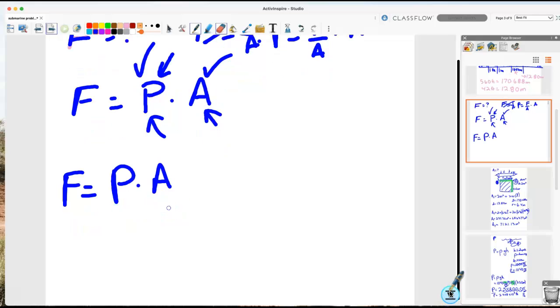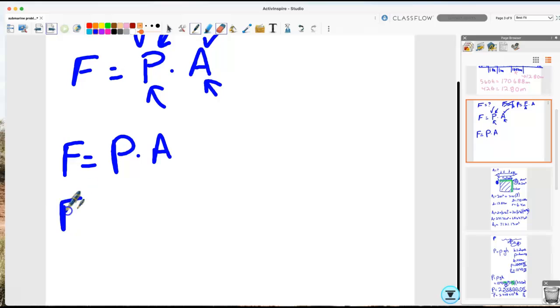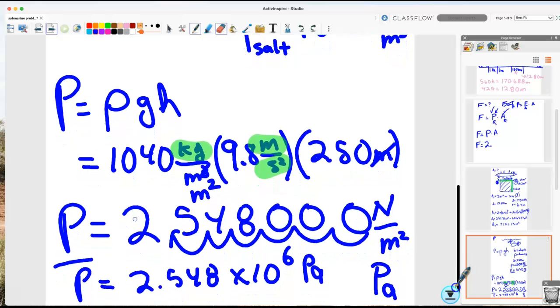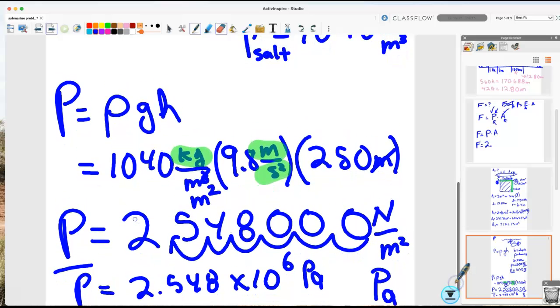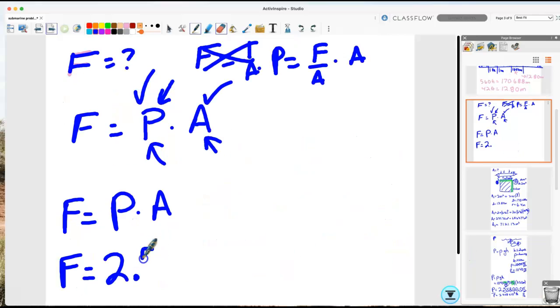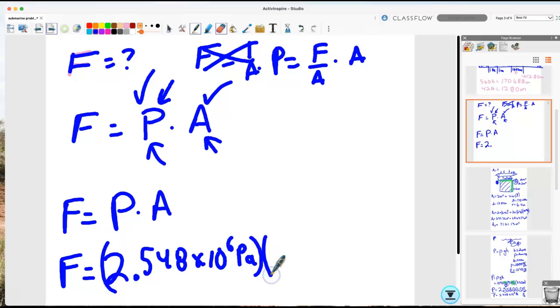Pressure times area. So the force is our pressure, which was 2.548 times 10 to the 6th pascals times our area.